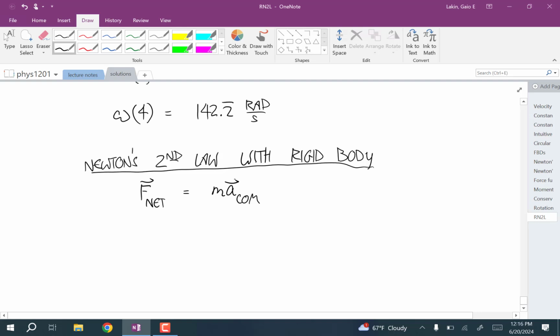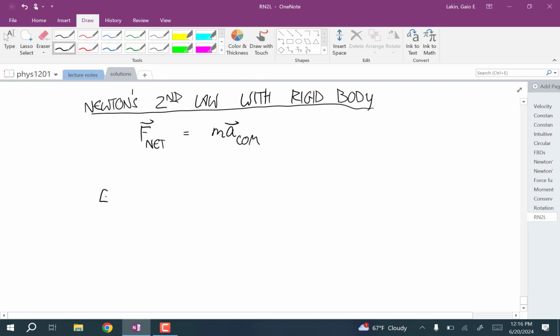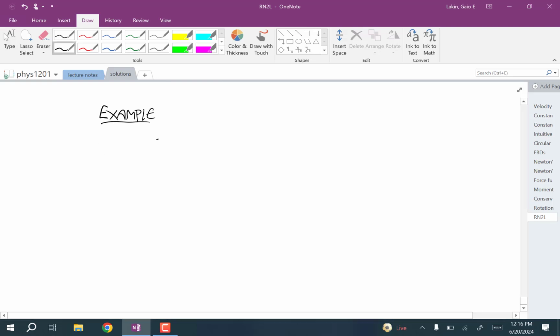Okay, so let's see how this works in a rigid body problem. Let's say we have a beam in this orientation. And let's say the length of this beam is 0.5 meters. I'm going to assume that the thickness is small compared to the length, and so I'm just going to ignore it.